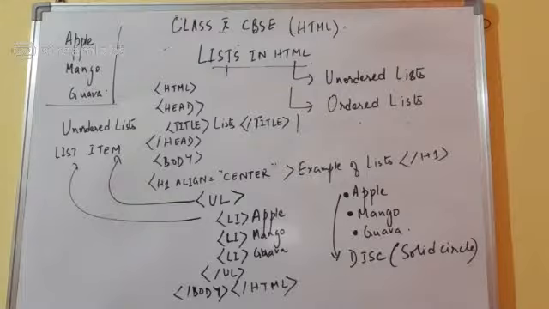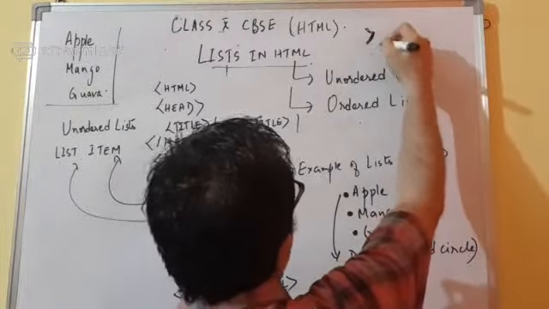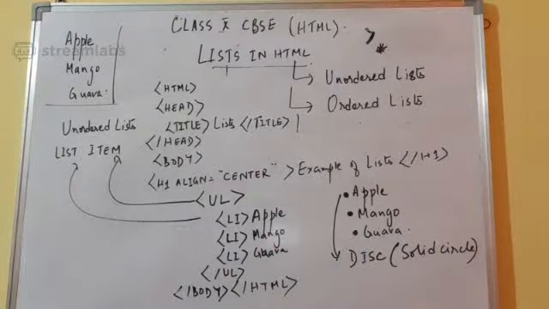In MS Word you get a lot of symbols, like this symbol and this symbol. Different kinds of symbols are there in MS Word, but in HTML you get a restricted type of symbols which can be used.